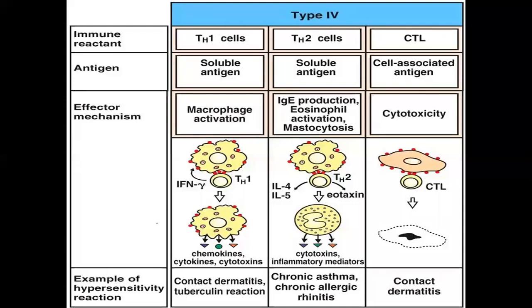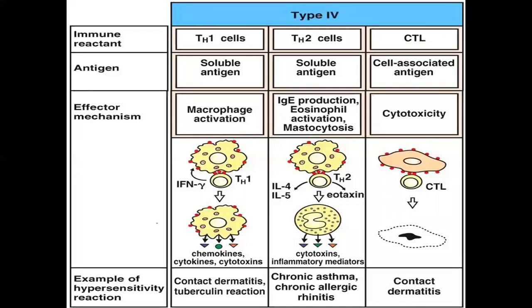You can have T helper 1 cells, you can have T helper 2 cells, and you can have cytotoxic T lymphocytes. So the antigen in all these cases is a soluble antigen, and in case of the last, it is cell associated antigen. And the effector mechanism is that macrophages are activated and they are going to form epithelioid cells.